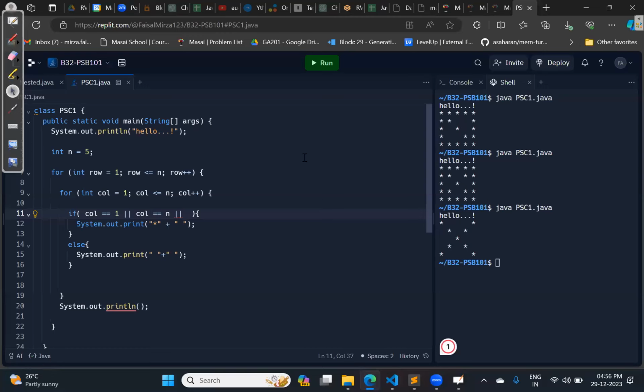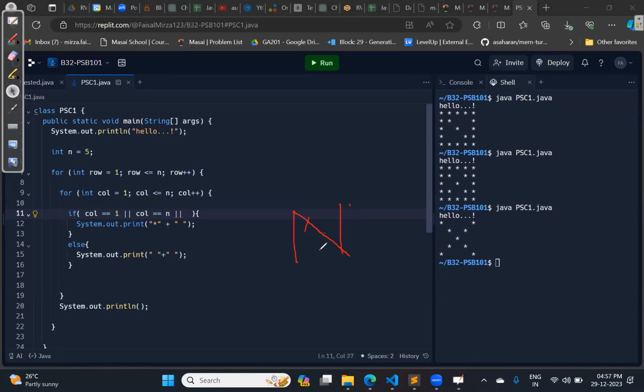Whichever way you are comfortable, you can go with that. No worry. Tell me, apart from this, we need to add more rows and more columns. So we require this backward diagonal. Yes or no?